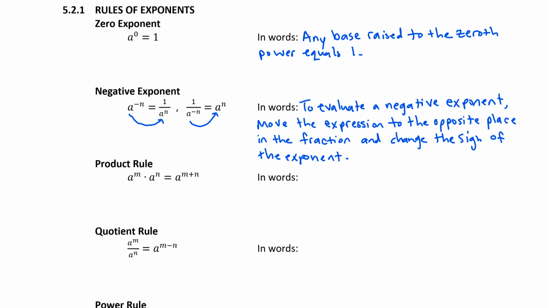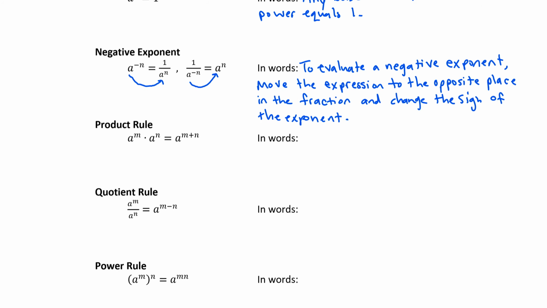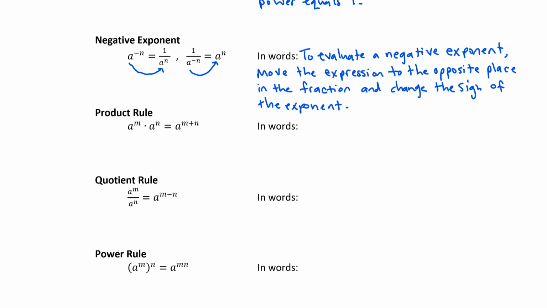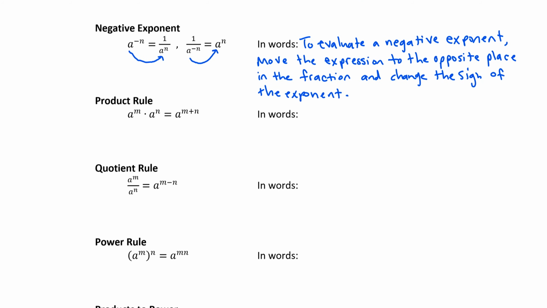So if the negative exponent is in a numerator, I move the expression to the denominator and change the sign of the exponent, and vice versa. If the negative exponent is in the denominator, I move the entire expression into a numerator and change the sign of the exponent. The next three have to do with applying operations to exponential expressions.